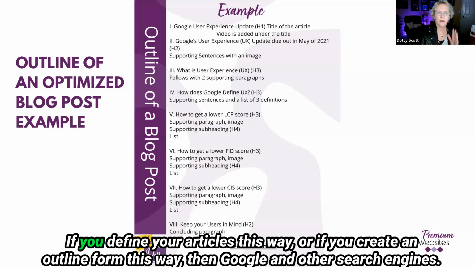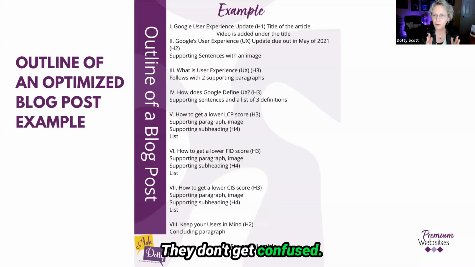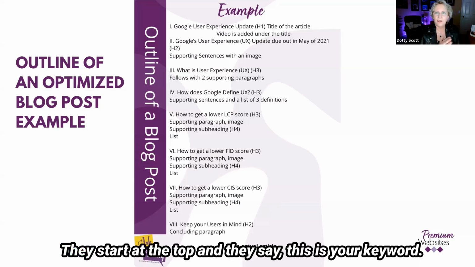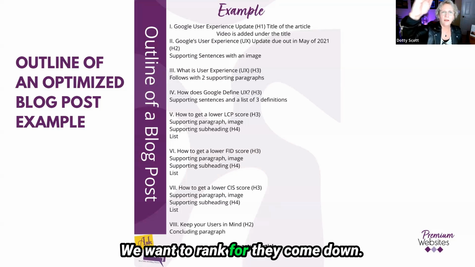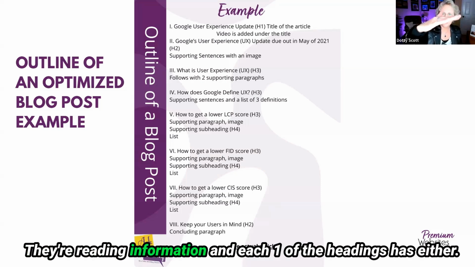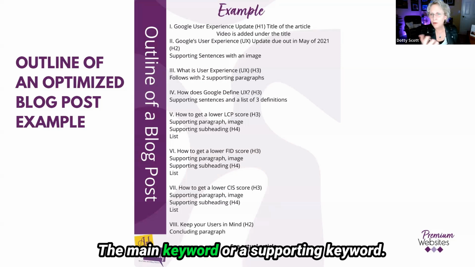If you define your articles this way, or if you create an outline for them this way, then Google and other search engines, they don't get confused. They start at the top and they say, this is your keyword we want to rank for. They come down, they're reading information, and each one of the headings has either the main keyword or a supporting keyword.